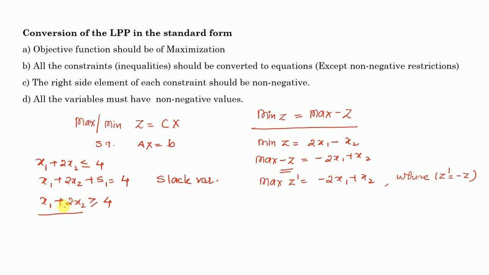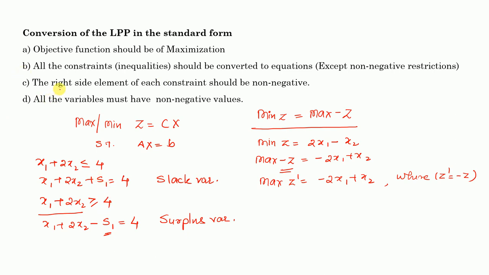So for this we use another variable: x1 plus 2x2 minus s1 equal to 4. Here this s1, because we have subtracted, is known as a surplus variable. In this way we can convert inequalities into equations. So this is the second step.